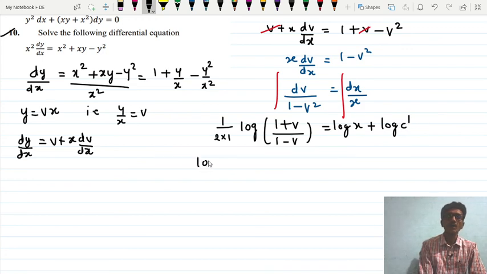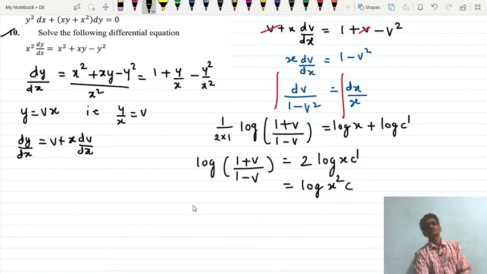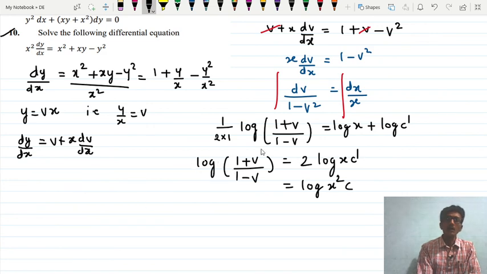So log of 1 plus v upon 1 minus v is equal to 2 times log of x into c dash. So this we can write as log of x square and c dash square, you can write simply c. So 1 plus v upon 1 minus v is equal to x square c.